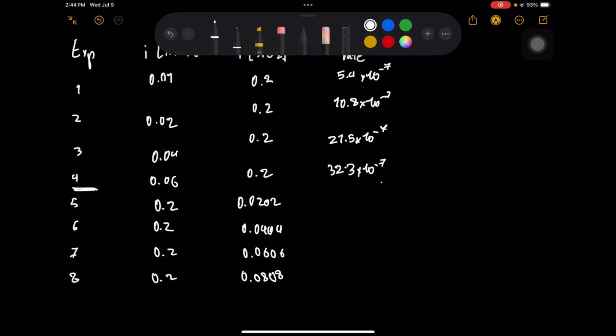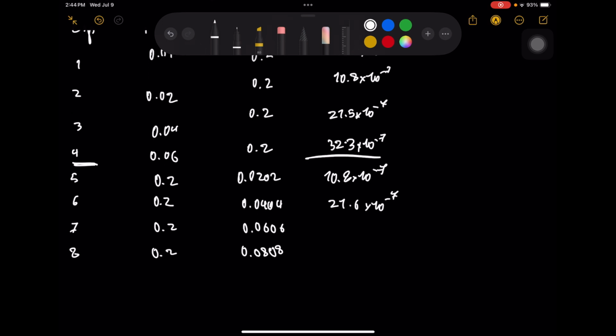And again, for this one, the second phase is almost similar to this. So the same numbers were found: 10.8 times 10 to the power of -7, 21.6 times 10 to the power of -7, because they're also similar, and 32.4 times 10 to the power of -7, similar to this.